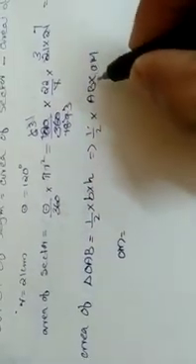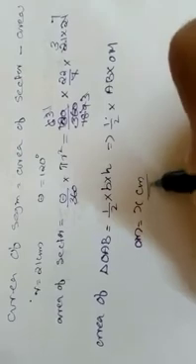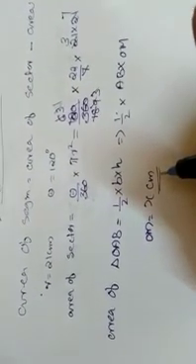From triangle OMA, we need to find the length of OM. We don't know it, so take it as x centimeter. Now I will draw the triangle here too.